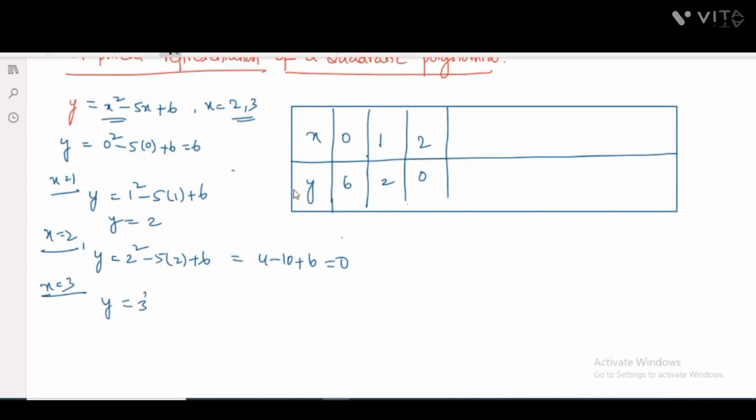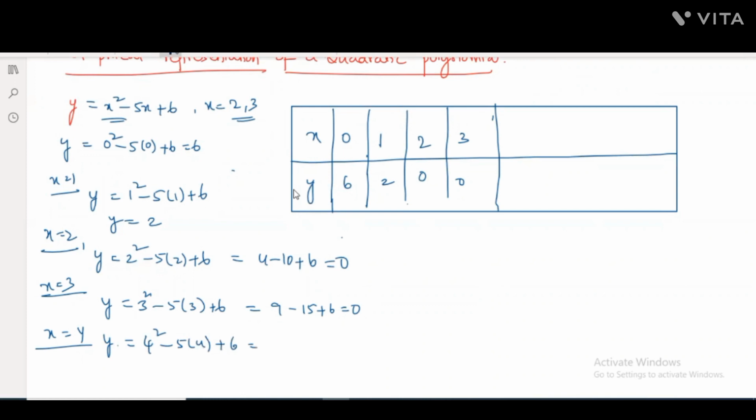So y is equal to 3 square minus 5 into 3 plus 6, which is 9 minus 15 plus 6, which is 0. When I substitute 3, I get 0. Next, I'll substitute x is equal to 4. y is equal to 4 square minus 5 into 4 plus 6, which is 16 minus 20 plus 6, which is 2.